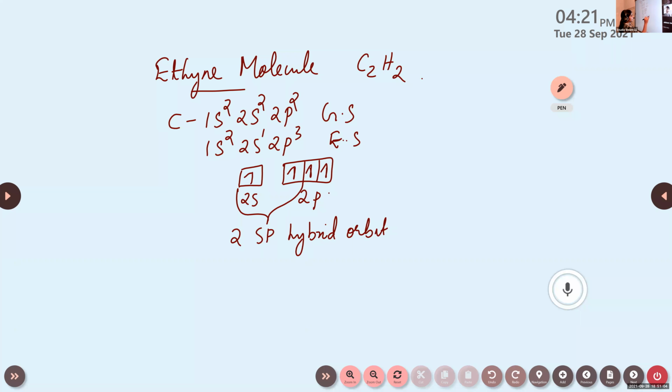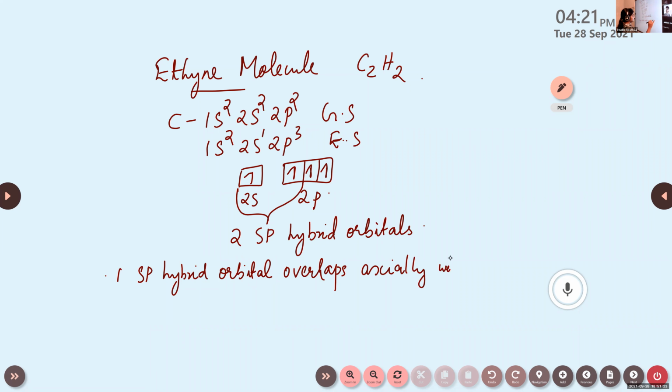Two sp hybrid orbitals. So one sp hybrid orbital overlaps axially with another carbon atom.